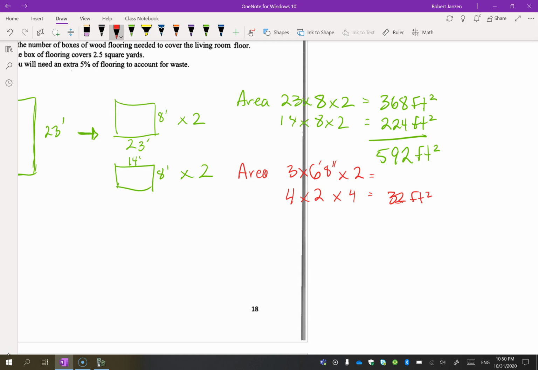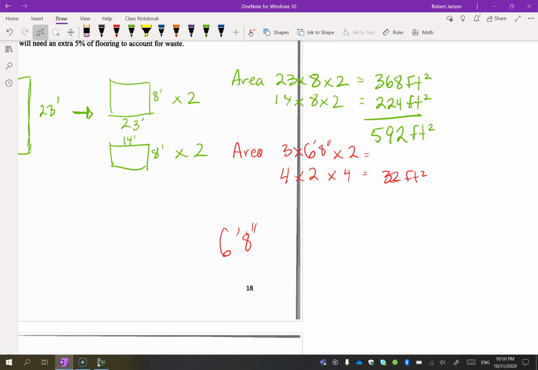Now this is a little trickier. We have 6 feet 8 inches. We can't just multiply that, because this is not like a decimal. This is not 6.8. Alright, we have to change this either all to inches or all to feet. Okay? We could do it either way. If we want to change this to inches, 6 feet is 72 inches, 8 inches, so this is 80 inches.